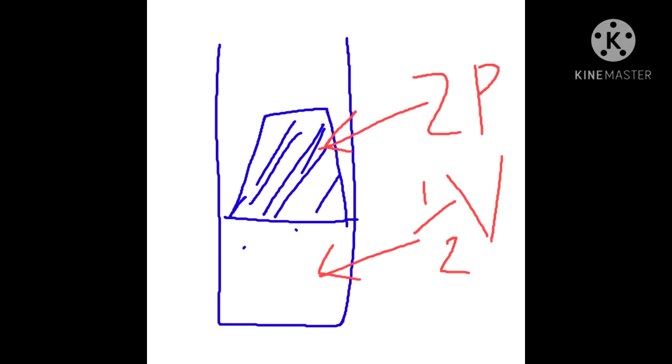Now we can use these diagrams to explain Boyle's law. We have the gas in the cylinder there, represented by V, and we have the weight on it, which is the pressure. Now we see here that when the weight is doubled, the volume, that is the space occupied by the gas, is reduced by half.